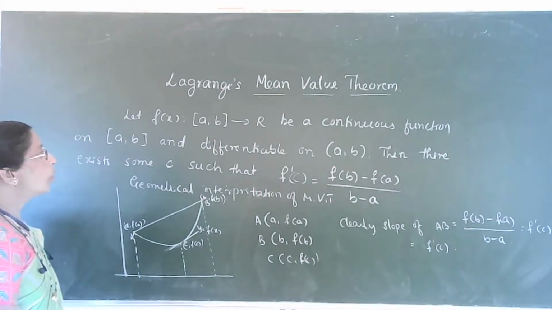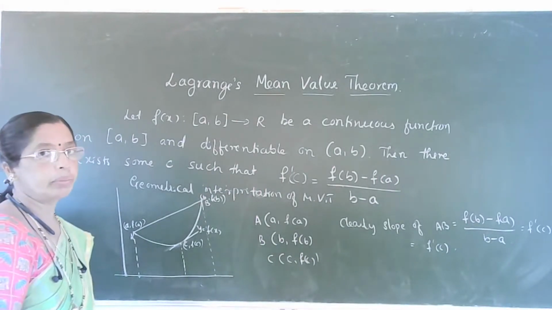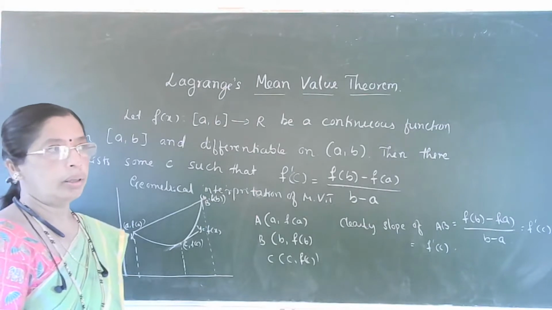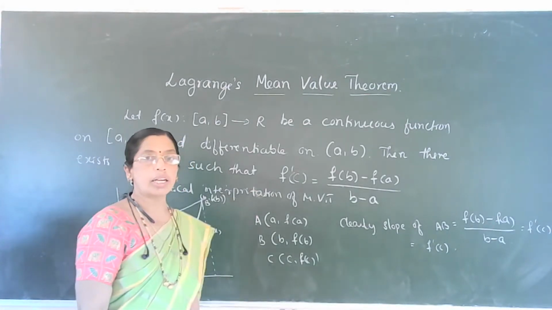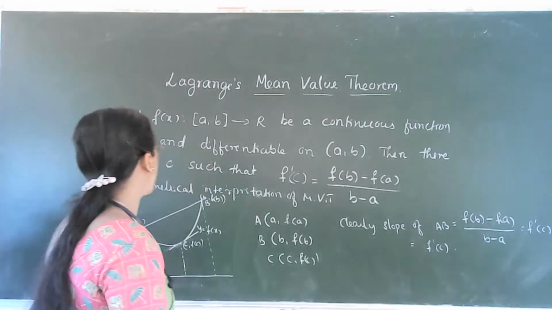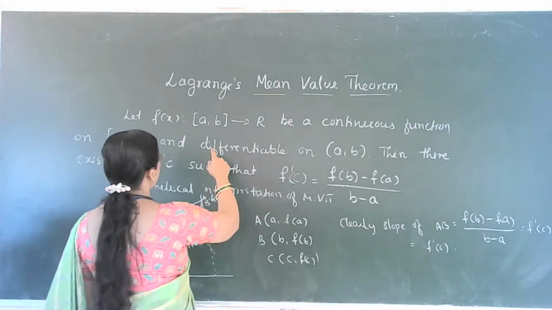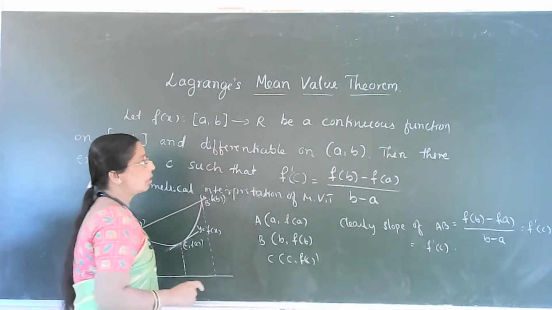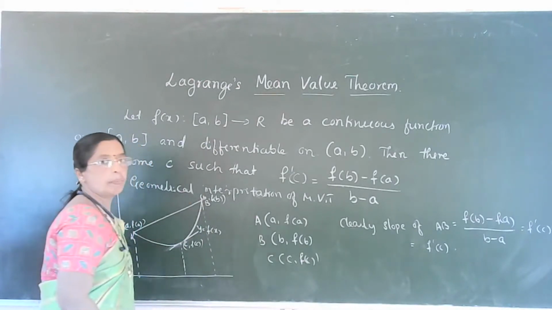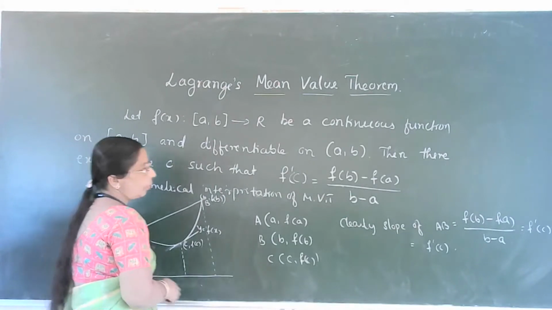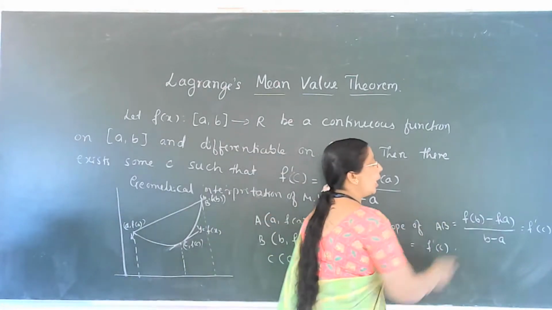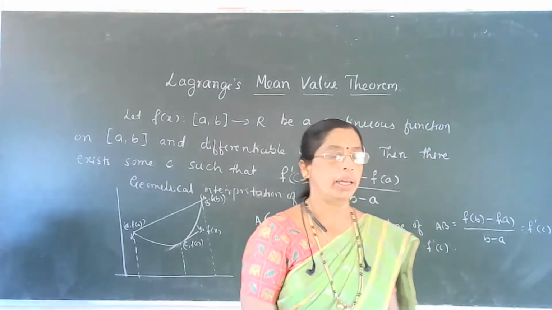Here also, to verify the mean value theorem, we first check whether the two conditions are satisfied or not. The first one is that the function is continuous, the second one is that it is differentiable on a b, and then find f of b and f of a.